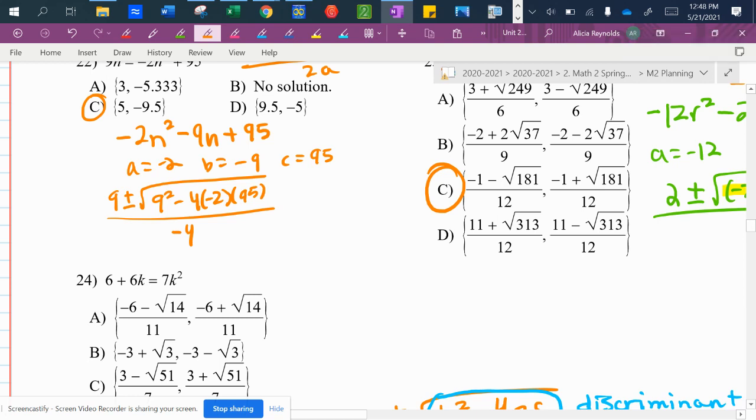So if we work this out piece by piece, 9 squared is 81. Negative 4 times negative 2 times 95 is 760. Plus 81 is 841.